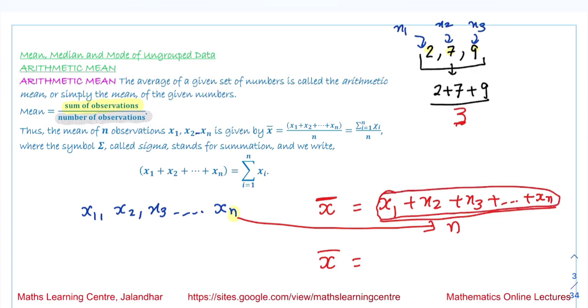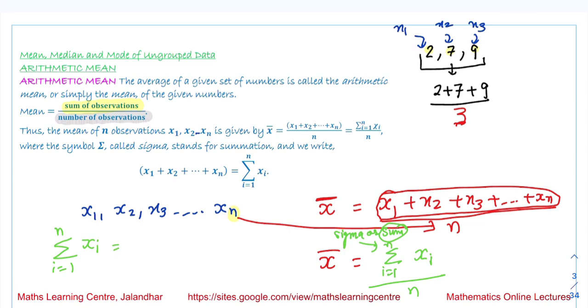Another way of writing this is with the notation read as sigma, which is just like the sum. The things that we want to sum are xi, with i equal to 1 to n, divided by n. When we write it like this, we have to sum the xi's with i equal to 1 to n.